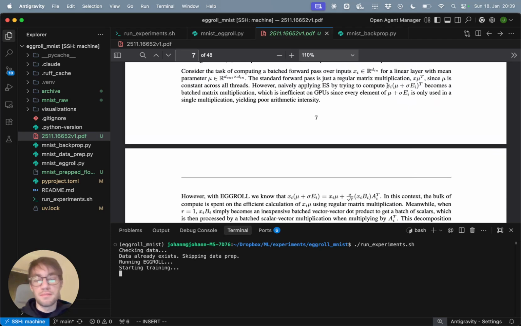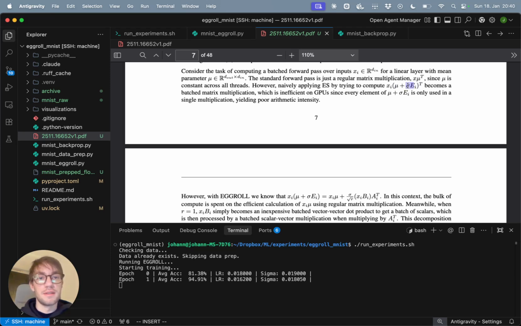What the authors suggest, which makes this much more efficient on top of using low-rank perturbations, is this: for a standard forward pass in a neural net, you would have this matrix multiply, and in ES, mu is your mean weights, the weights you do perturbations from, and then this is the actual perturbation.